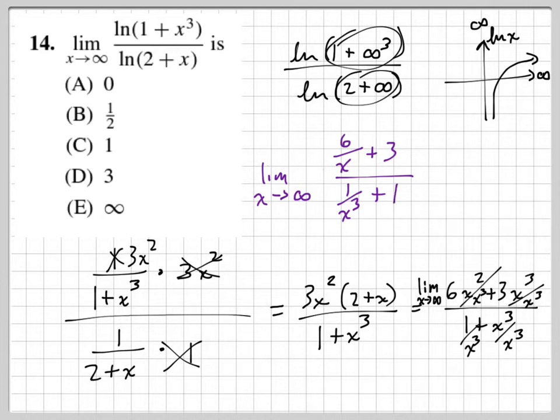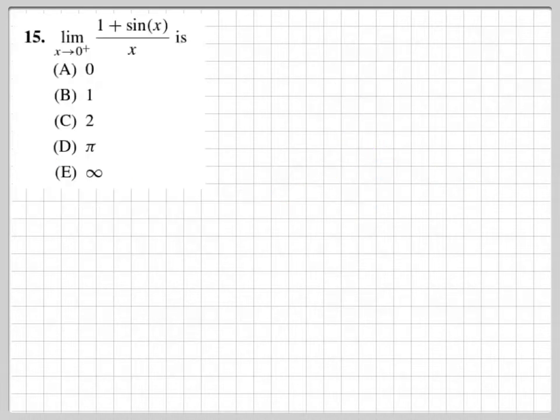And now if we plug in infinity, it would go into this fraction, and that fraction would go to 0. It would go into this fraction, and this fraction would go to 0. Whenever the denominator is approaching infinity, it goes to 0. It looks like our answer is 3. So let's go ahead and circle that. That one's finally done.